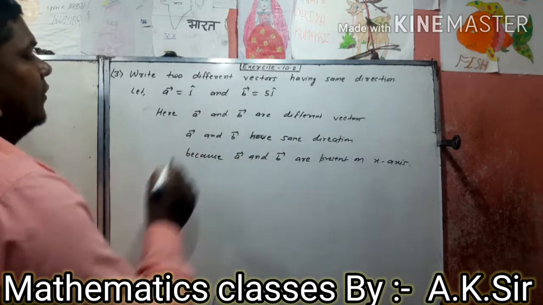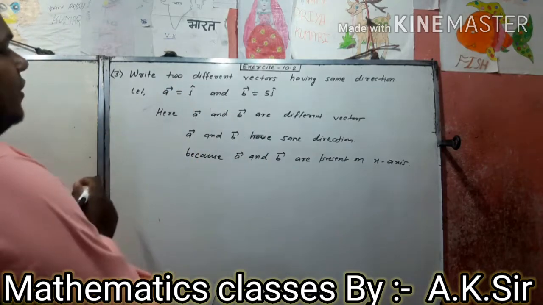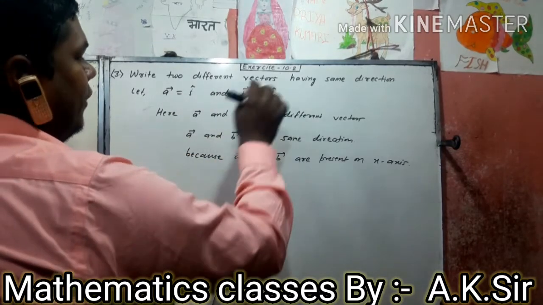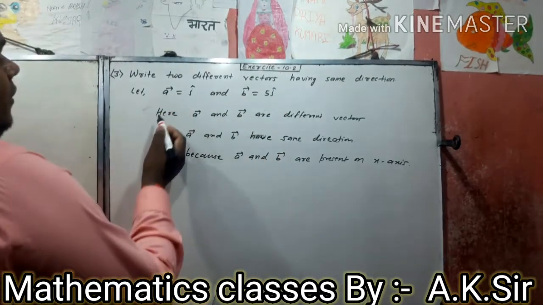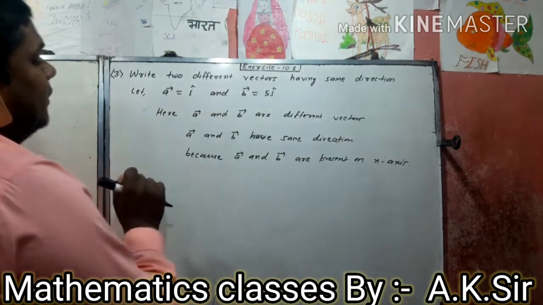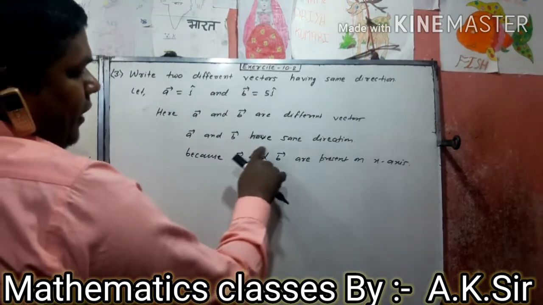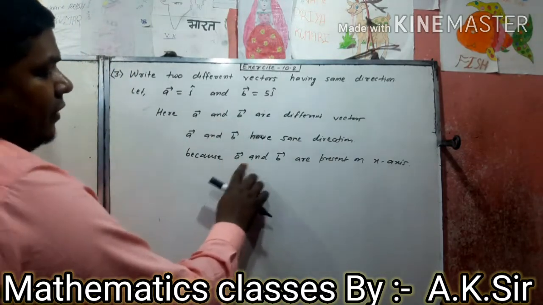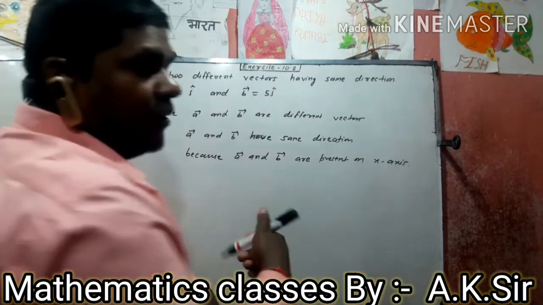This is our answer, because we see A vector is equal to i cap and B vector is equal to 5i cap. Here A vector and B vector are different vectors. A vector and B vector have the same direction because A vector and B vector are present on the x axis.